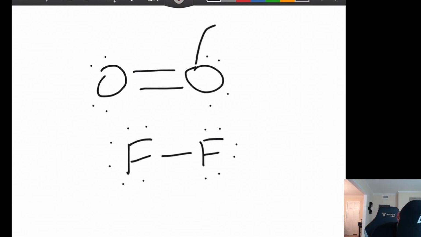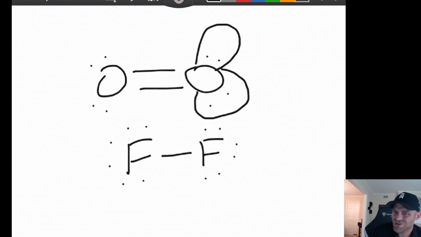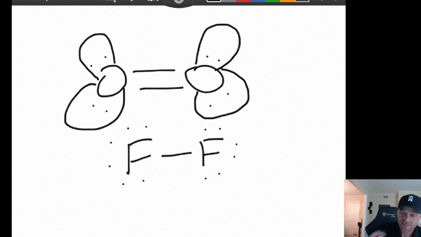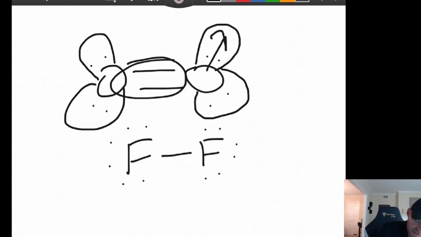Okay, if I go through and separate my different electronic regions, we call them electronic domains or electronic regions. Each lone pair of electrons has its own region, and then the bonding area is a region as well. So 1, 2, 3 regions for that oxygen, and then also 3 for this one as well.